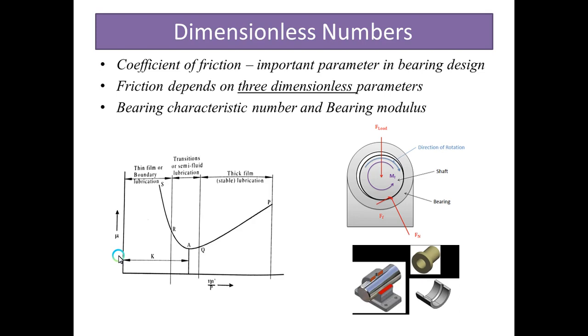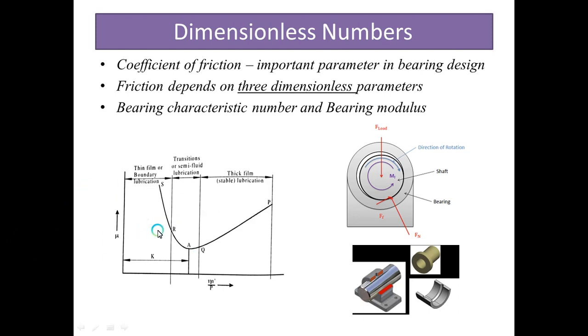If the value of eta n dash by P, where the oil ruptures or breaks down, is called bearing modulus. So whenever an oil breakdown occurs, due to the variation in speed, viscosity and pressure, at a value lesser than K, you can have metal to metal contact, and there is a chance of breaking of that oil film.